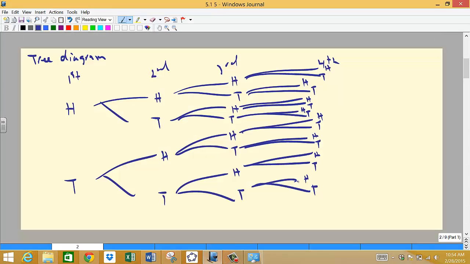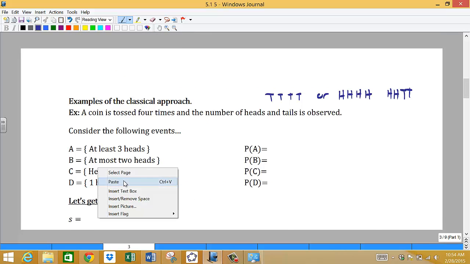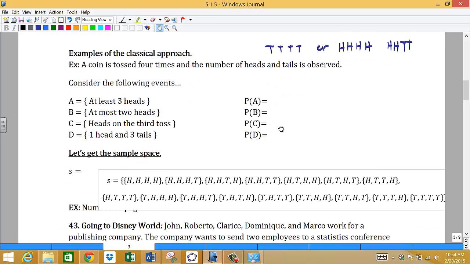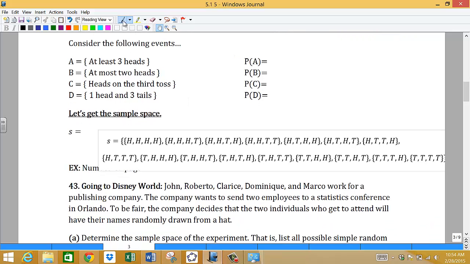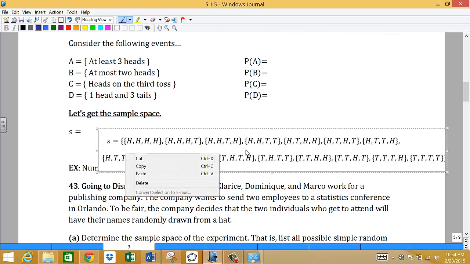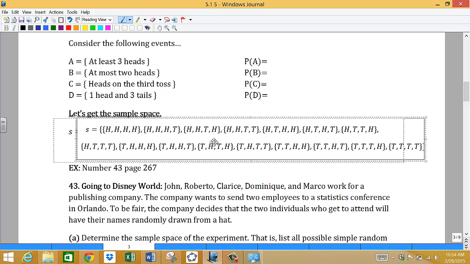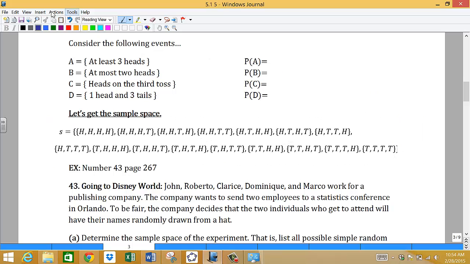So here we have the sample space. Once we get the sample space, the probability questions are a little bit easier to answer.